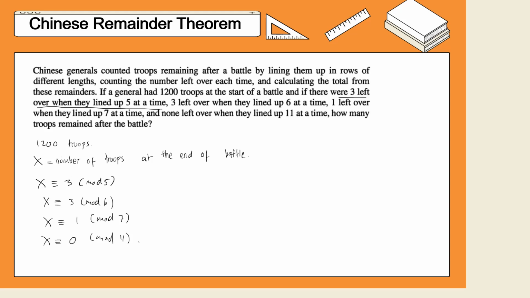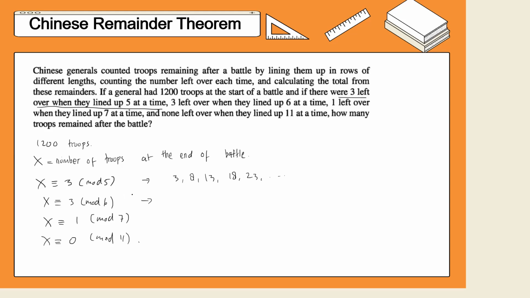Now, the method is like this. What you can do is that maybe you can express it like this, like what we did before. So try to name all numbers with the remaining 3 after being divided by 5. So it's like 3, 8, 13, 18, and so on, 23.